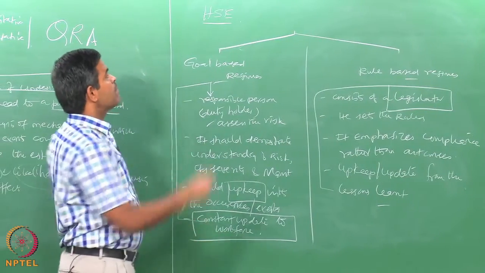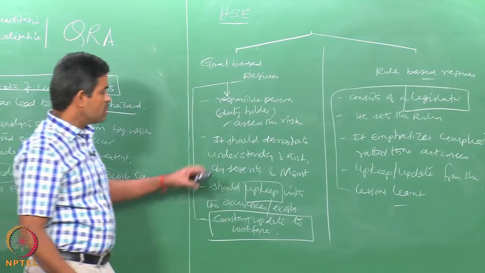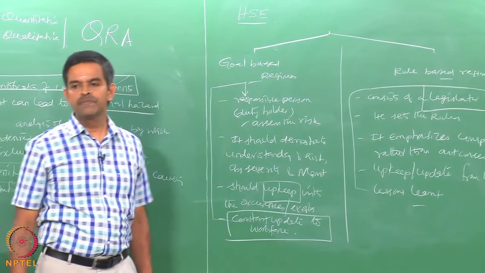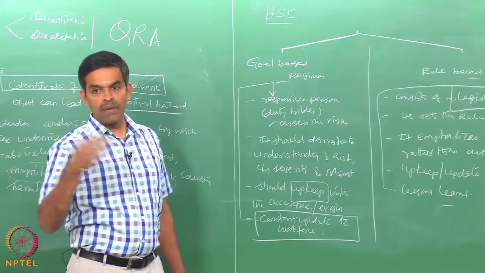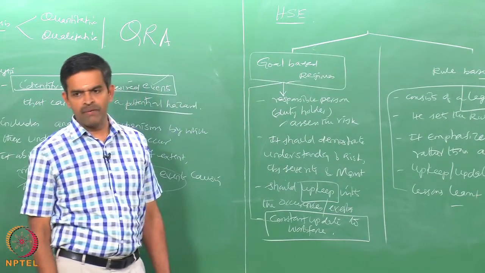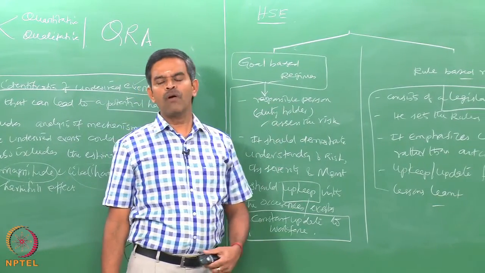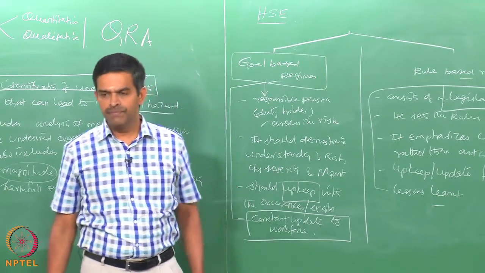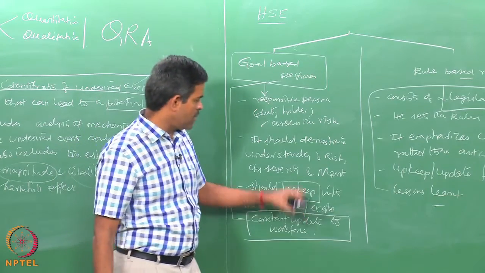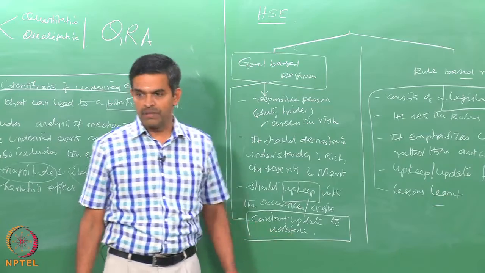If you really want to have a practice of HSE based on a goal based regime, then your rules need to be dynamic. Therefore, if your company follows this kind of approach, then HSE practices based on this may not be uniform along and across the globe, because every practice, every update, every training program, every demonstration, every workforce is different.